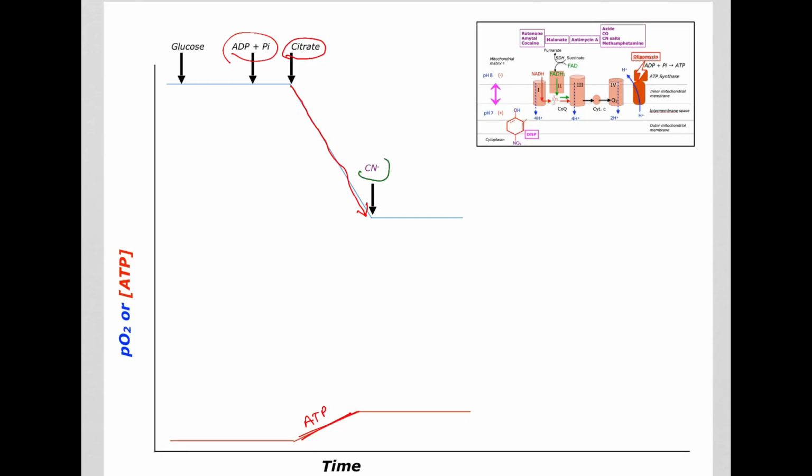However, once we add cyanide, cyanide will inhibit complex 4, which will completely stop the electron transfer, either from NADH or FADH2, it doesn't matter. And if the electron transport chain doesn't happen, there's no oxygen consumption, and ATP synthesis will also stop because these two are coupled.